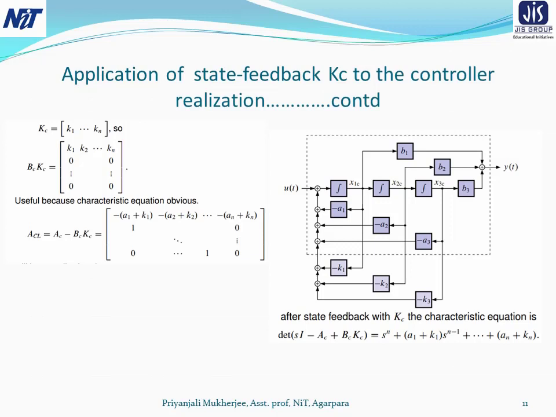So you can write that minus of A3 plus K3 can be used as the state feedback. So the feedback has been changed by using the K_C vector, and the remaining terms B1, B2, B3 will remain the same, from which we can draw the state diagram of this general equation.